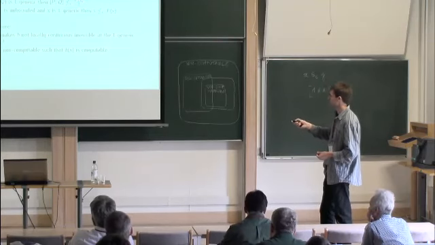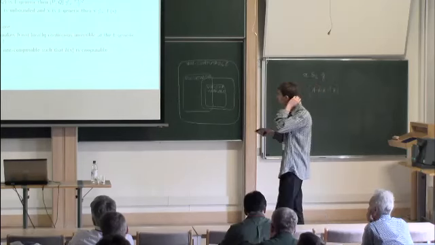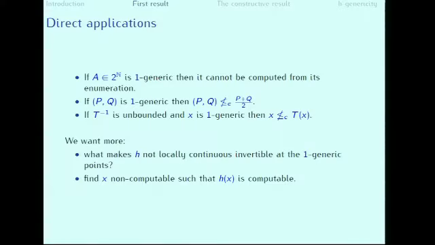And we have something similar for linear operators. So we know that these functions are in this class, that there exists x which is not computable from h of x. So we know that these functions belong to this, but we want to prove that they are here.